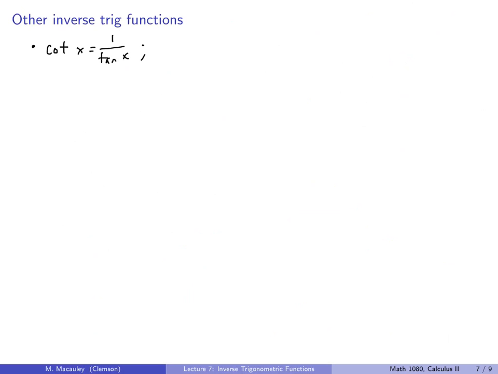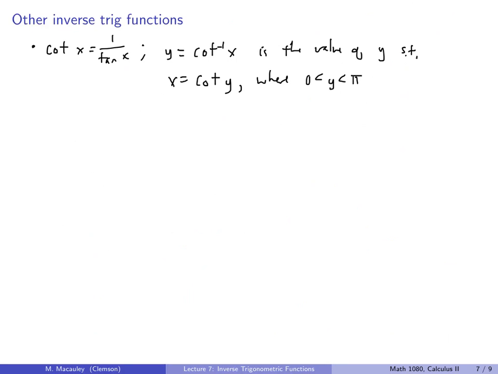So y equals the inverse cotangent of x. This is the value of y such that x equals cotangent of y, where y goes from 0 to pi, non-inclusive.